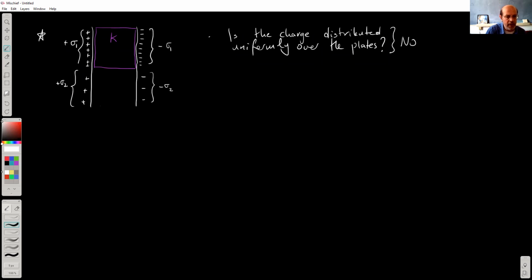The second thing, the electric field. The electric field inside the dielectric is equal to E1, and the electric field in the vacuum is equal to E2, let's say. So the question is, are E1 and E2 equal to each other?